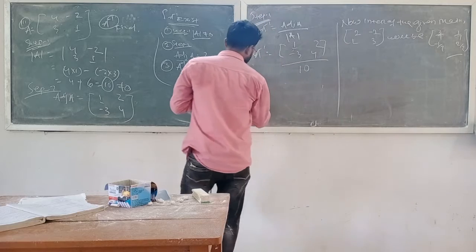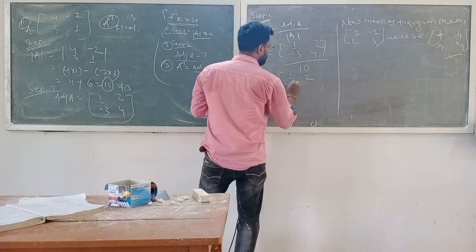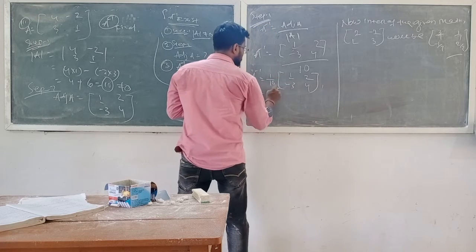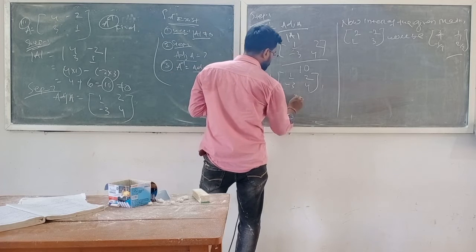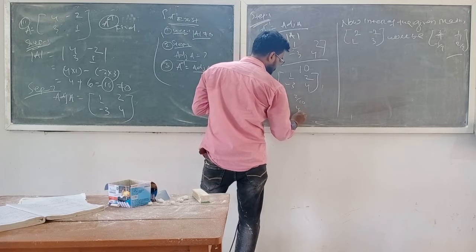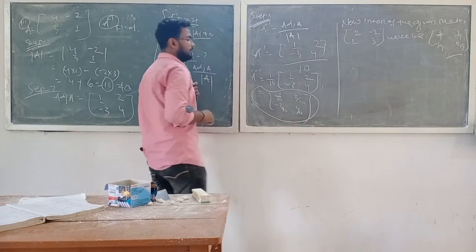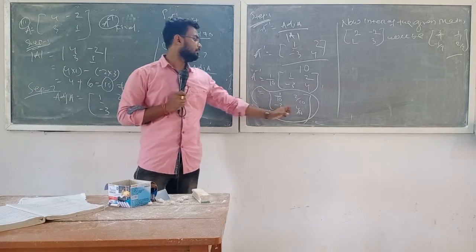Now A inverse is 1 by 10 into 1 2 minus 3 4. So that 1 by 10, 2 by 10, minus 3 by 10 and 4 by 10. This is the inverse of the matrix. It is 1 by 10, 2 by 10, 3 by 10, 4 by 10.